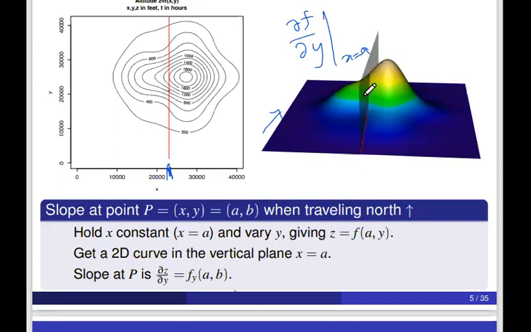When you slice off this mountain, you get the slope of this curve. So if you want to find the slope at this point, substitute that point. I will say the y value at that point is p. Then you get this slope here.